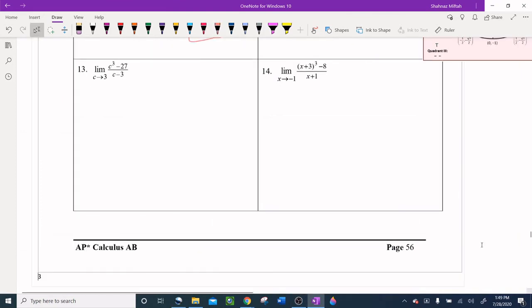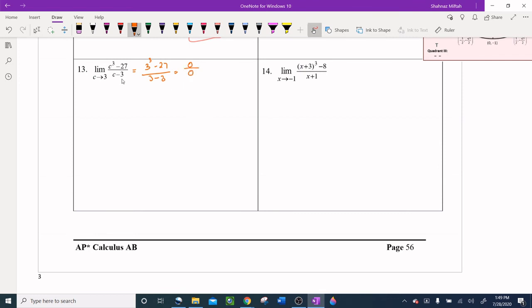Let's do questions number 13 and 14. Question 13: limit as c approaches 3 of c cubed minus 27 over c minus 3. I'm going to do direct substitution first. If I substitute 3 for c, 3 minus 3 is 0, and 3 times 3 times 3 is 27, and 27 minus 27 is 0, so 0 over 0.